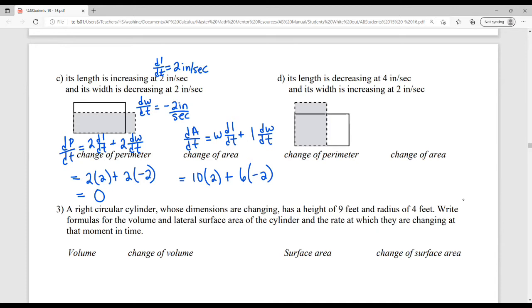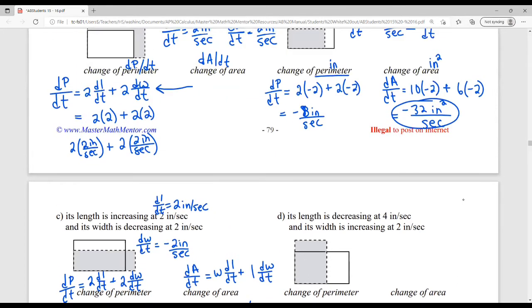It's actually decreasing. So we end up with 20 minus 12, that's 8 inches squared per second. If we were to switch the width and the length, we would get negative 12 inches per second.